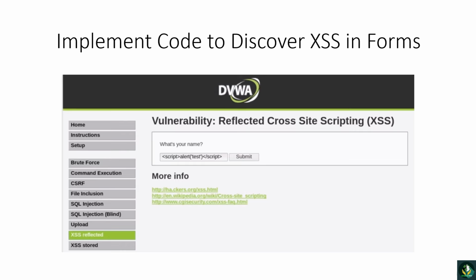So I want to build a method that I will call test XSS. This method can be used to test XSS vulnerabilities in forms, and I want this method to first of all take the form, and we want to test the URL that the page contains.